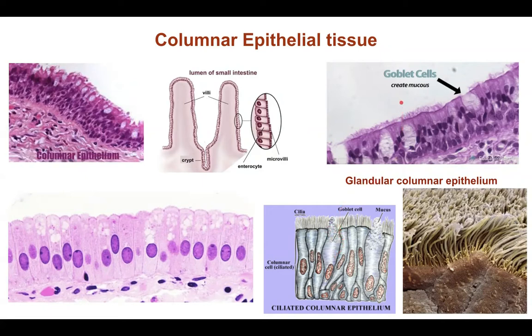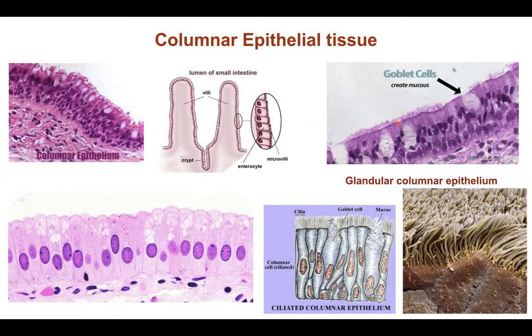This goblet is found throughout the inner lining of your digestive tract. Now, the purpose of the goblet cells is to produce mucus. The inner lining of your digestive tract, for example your stomach, produces a strong acid like hydrochloric acid. This acid can digest and damage the inner lining of the stomach.